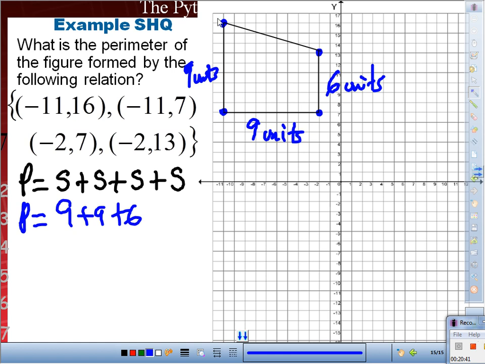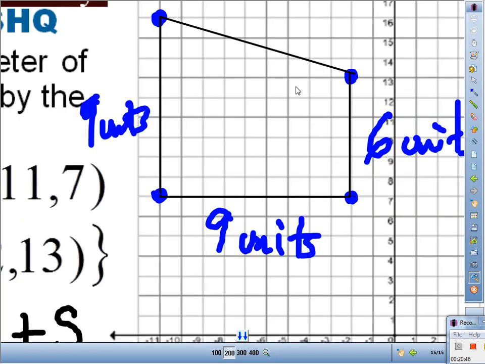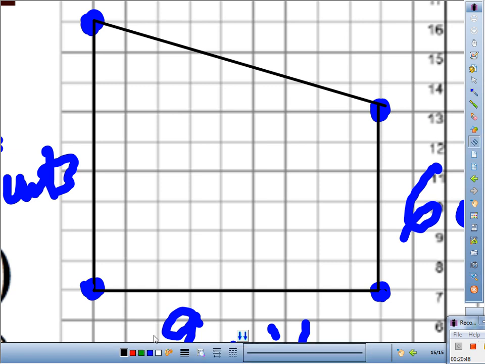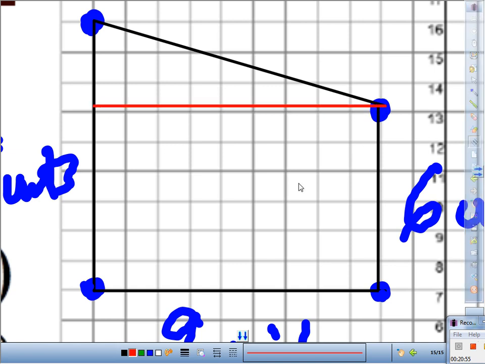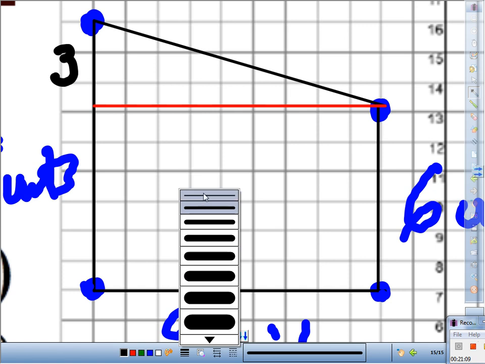So what are we missing? This one, but it's diagonal. Let's see. What can we do to find this distance? You guys see it now? So what is this height right here? 3. What is this? 9.